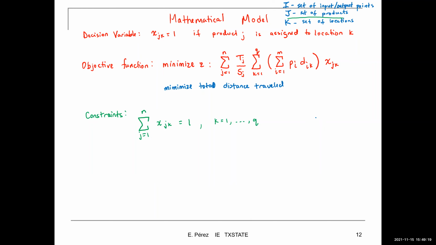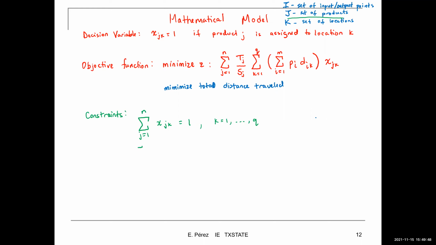So what this is saying is only one product can be assigned to a specific location of the warehouse. Okay, so we are making the summation of every product in the facility that's going to be assigned to a location. For this case, it's going to be location 1. We want to make sure that we only assign a single product to each location.